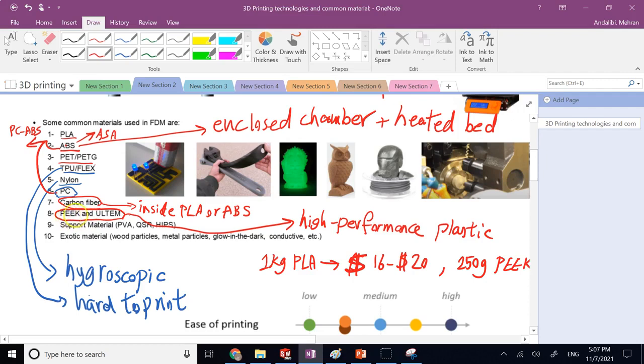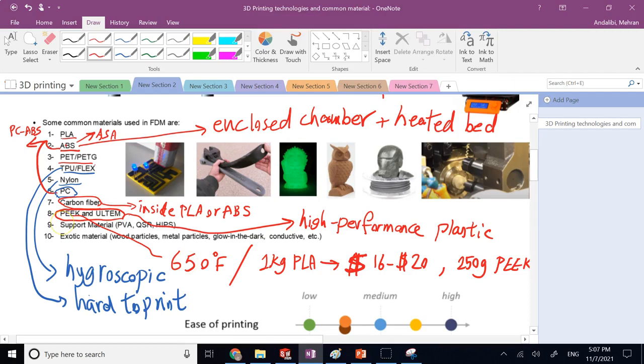I mean, the mechanical strength of it could come close to aluminum, like half of aluminum or so. And the melting temperature for this is like 650 degrees Fahrenheit. Okay, and as I said, close to aluminum, like half or a little bit more than half of aluminum's yield strength.